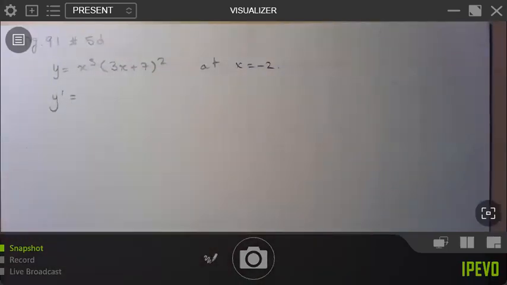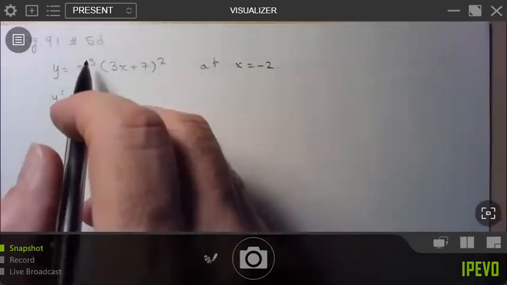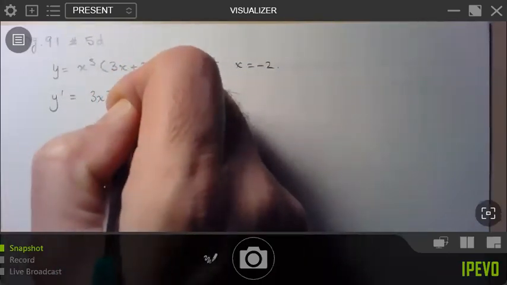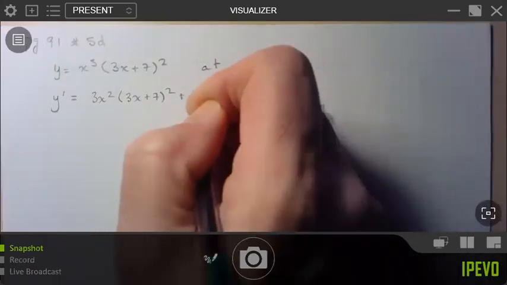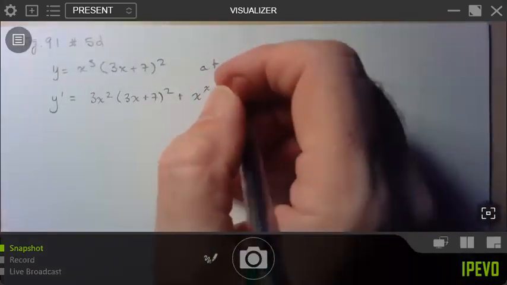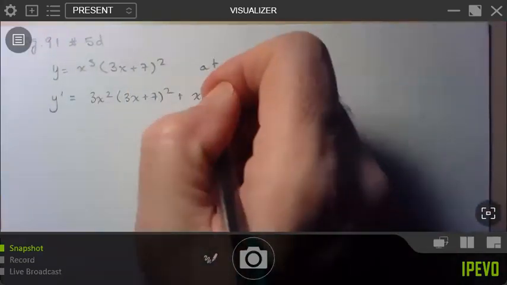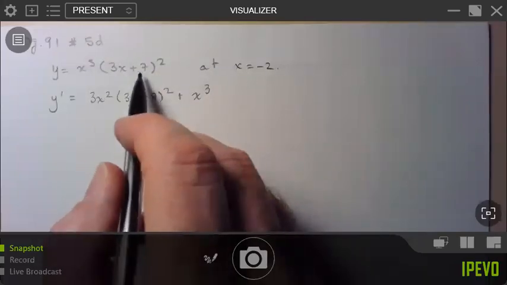So again, please keep track of my algebra and make sure if there's a mistake, just stop me right away. All right, so derivative of the first is 3x squared times the second function, so (3x + 7) squared, and then plus the first function, x cubed, times the derivative of the second function, and here I'm going to have to use a chain rule.